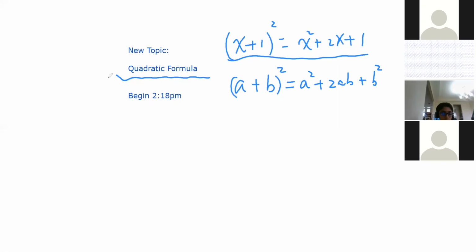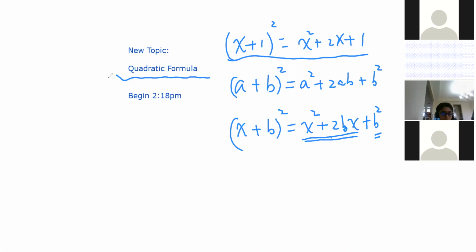So let me do some proper transformation. This one will be changed to x squared plus 2bx plus b squared, right? If we only know these two terms, how do we find this term?